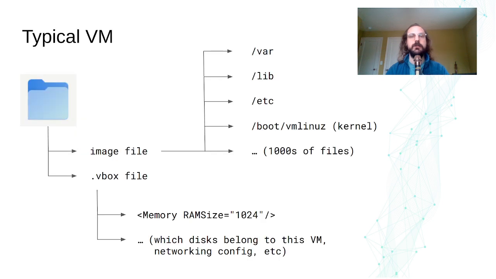Here's a typical VM image, and inside we have the image file, which is a file system that contains our normal Linux directories, var, lib, etc., and also important here, a boot directory with a vmlinuz file, and this is our kernel.